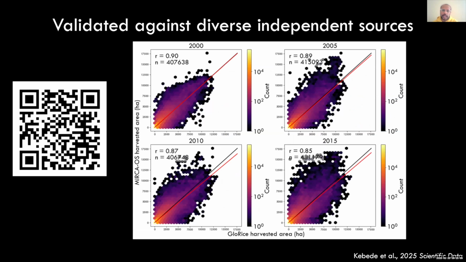We also tried to see at pixel level whether we are consistent with other existing data sets, which proved to be more or less consistent. And our data set is currently in HydroShare and was recently published in Nature Scientific Data, as I mentioned earlier.